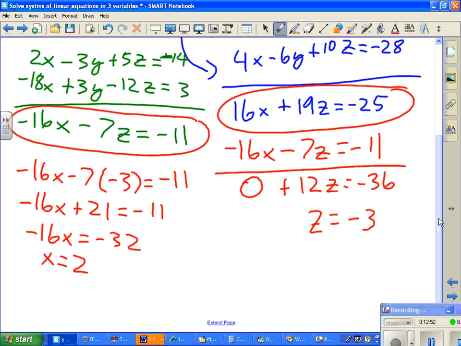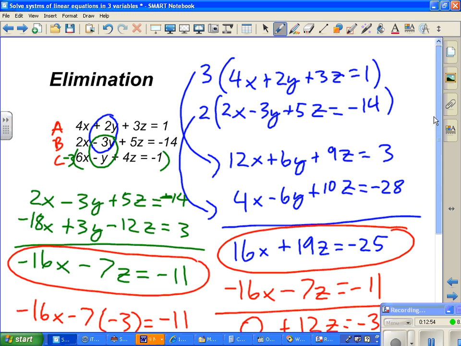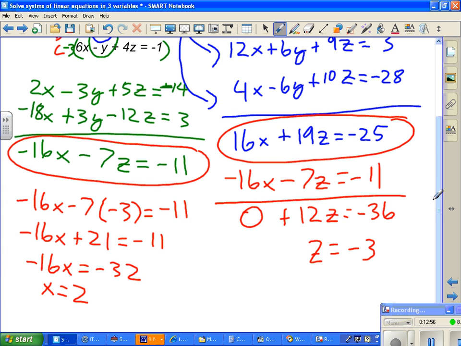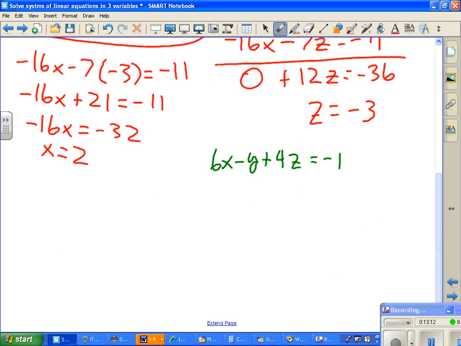Now that I have those solved for, I need to plug into an original. So I'm going to rewrite the bottom equation. Doesn't matter which one I use, I'm just going to use one. So 6x minus y plus 4z equals negative 1. Comes from right here. And I'm going to plug in what I know, because now I know an x and a z.